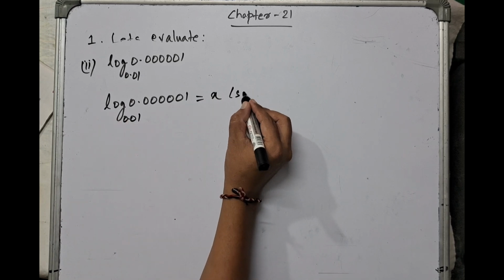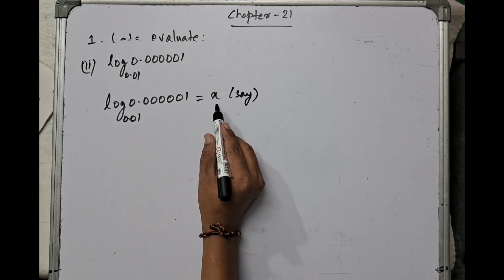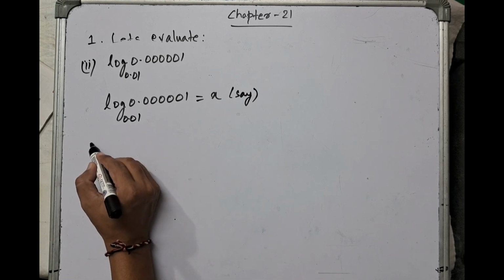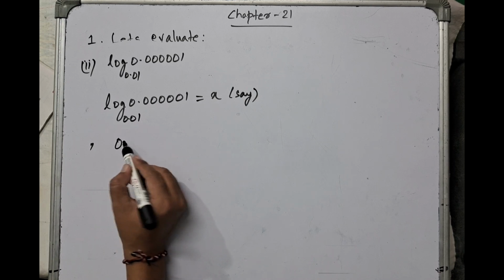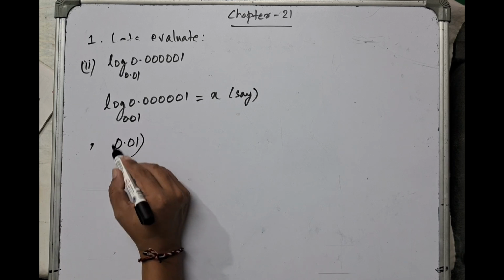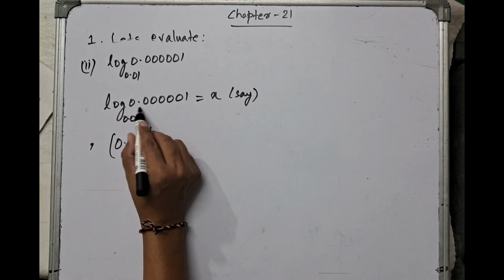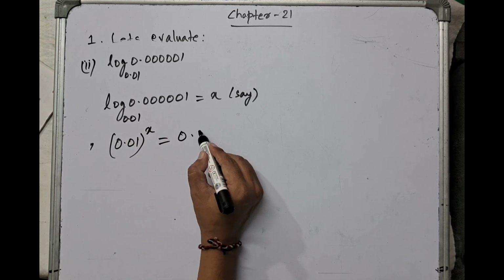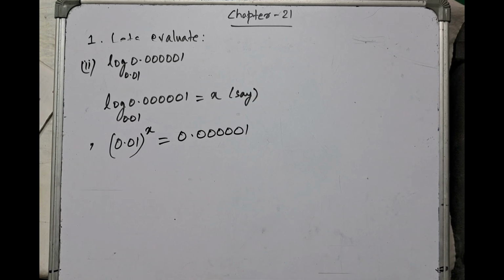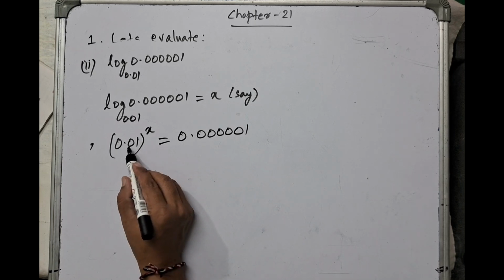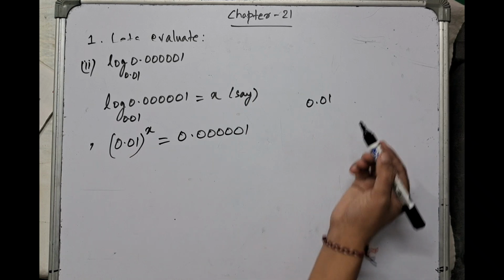Now let's convert this logarithmic equation to exponential form. How do we do this? This base 0.01 will remain as base, to the power, this x comes here as power, equal to this number 0.000001. Now let's rewrite this number in another form after removing this decimal point.